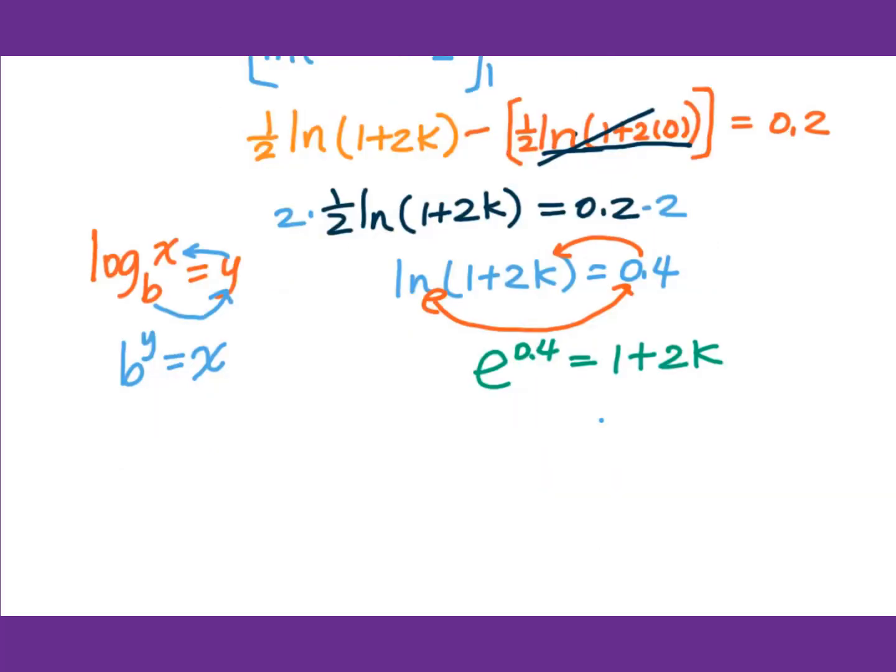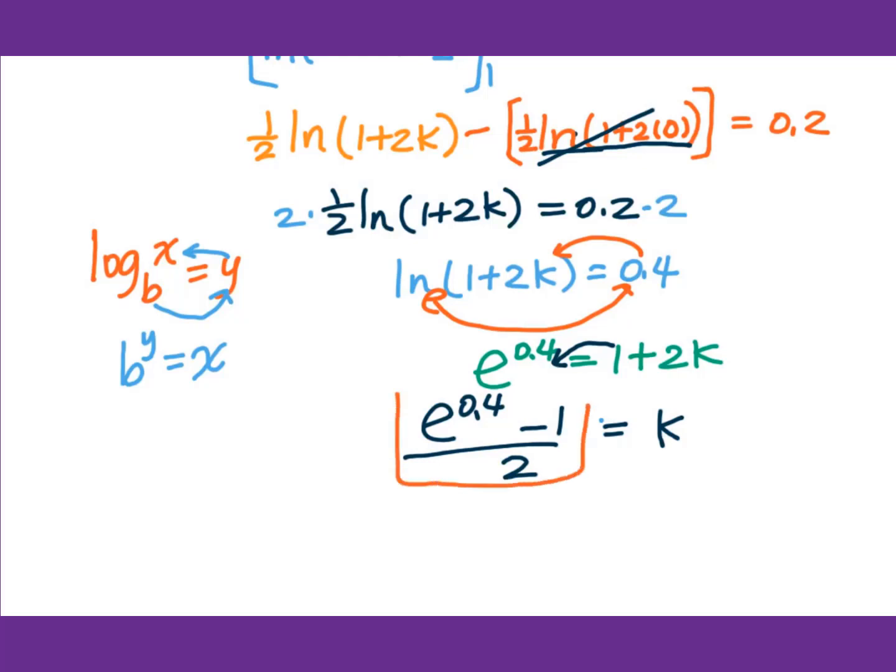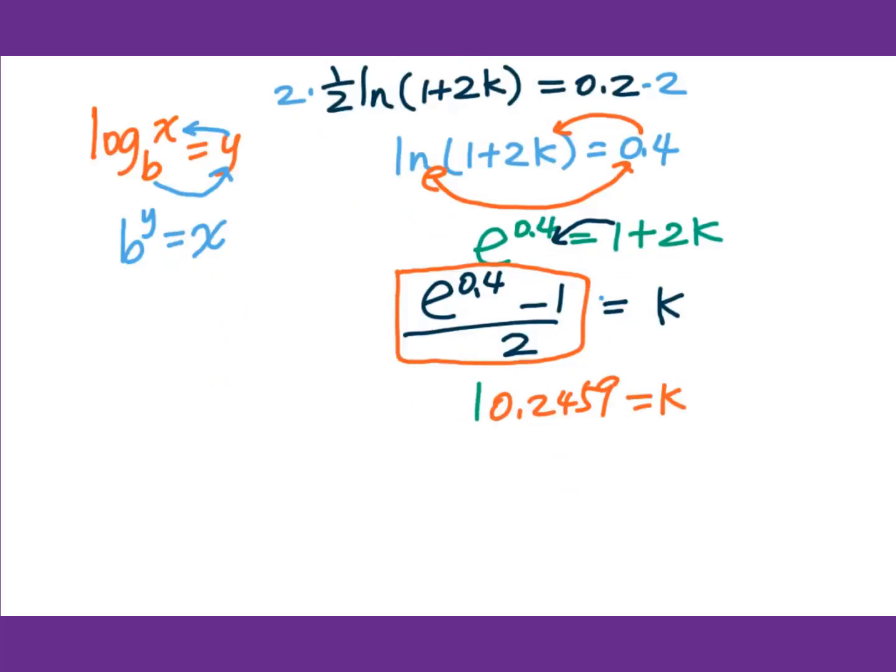Since I'm looking for k, minus 1, then divided by 2, k equals e to the 0.4th power minus 1 over 2. We put this into calculator. You will get k equals 0.2459.